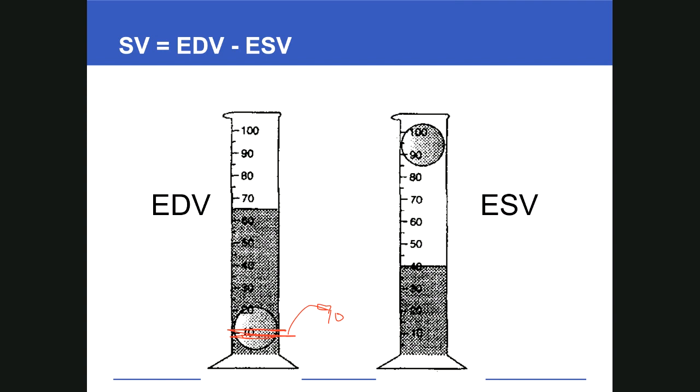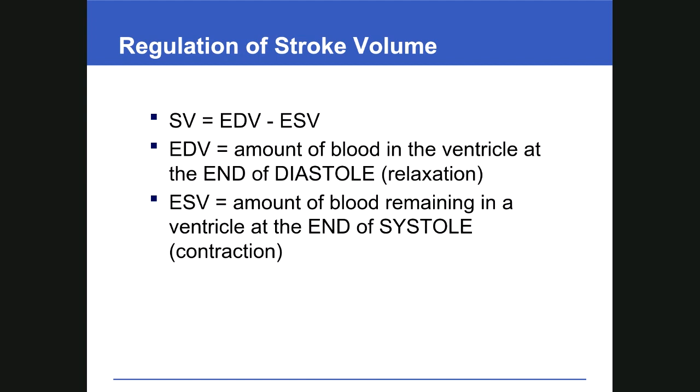I only started with 10. I started with this much, and then I pour out some, and what's left is ESV. So look, I started with this much. This is what I poured out. That's the stroke volume. So the answer to that is no, it can never be less.